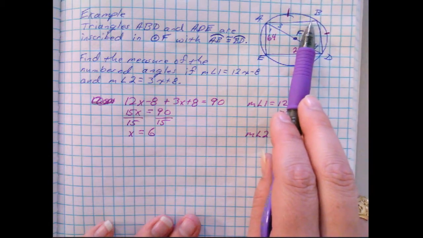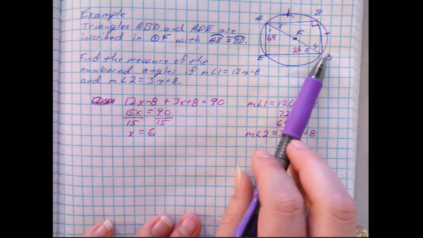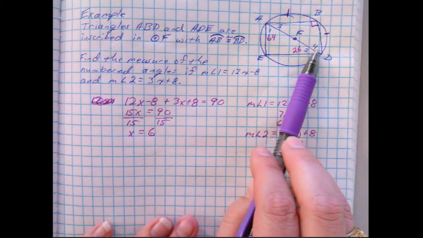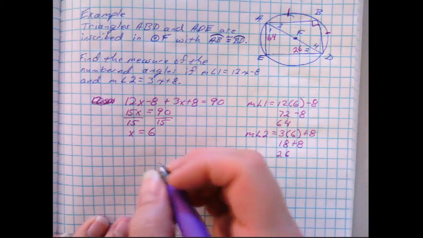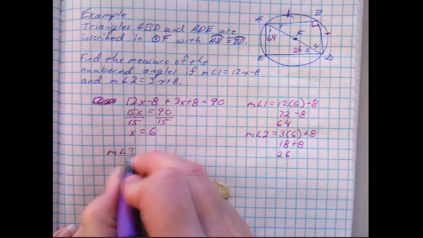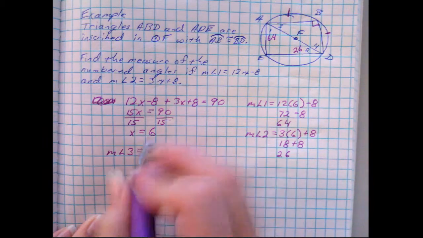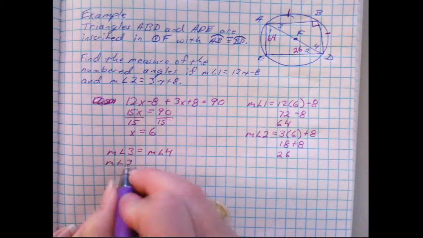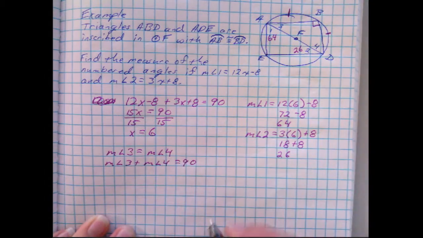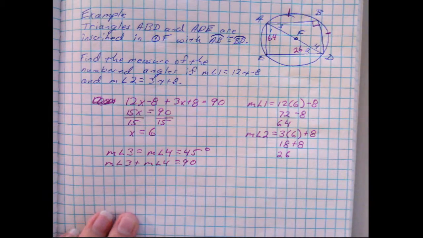If we already know that B is a right angle because it's intercepting a semicircle, so it has to be 90, the two angles 3 and 4 have to add up to 90, and if they're equal, that means they're 45. So the measure of angle 3 equals the measure of angle 4, and the measure of angle 3 plus the measure of angle 4 equals 90.